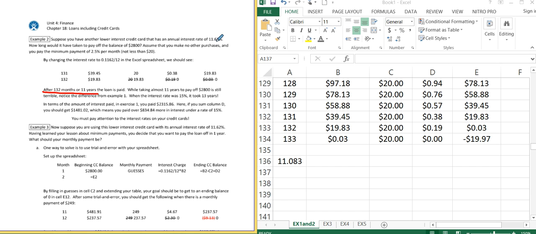So that's helpful. Now, in terms of the interest that we pay, again, if I look back at this realistically speaking, what's probably going to happen is I'm not going to send in month 133 a check for 3 cents.